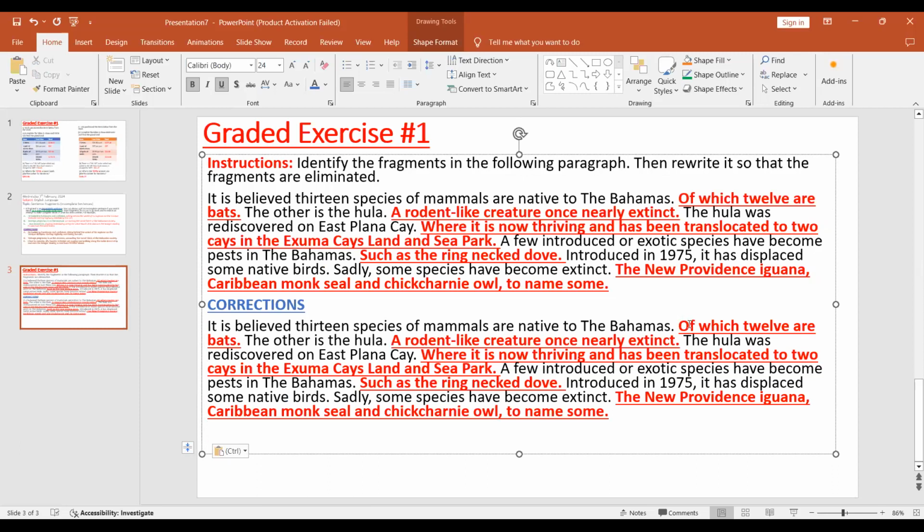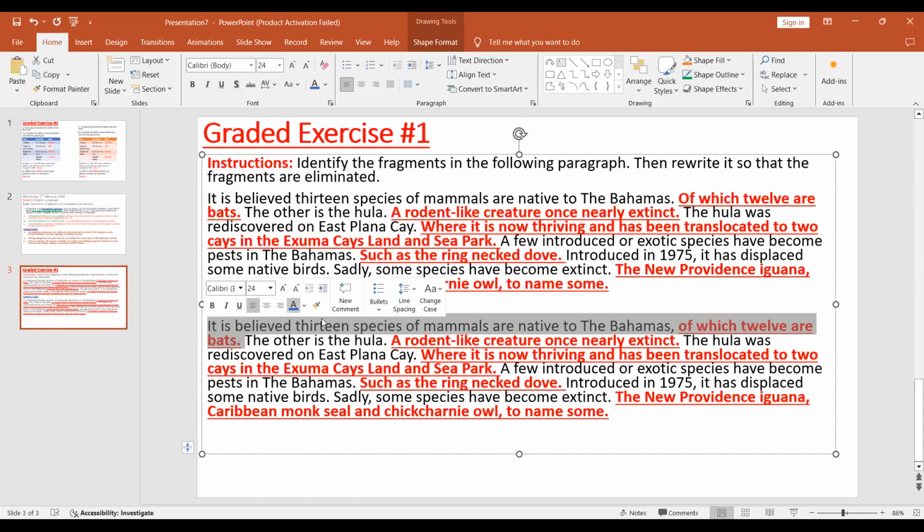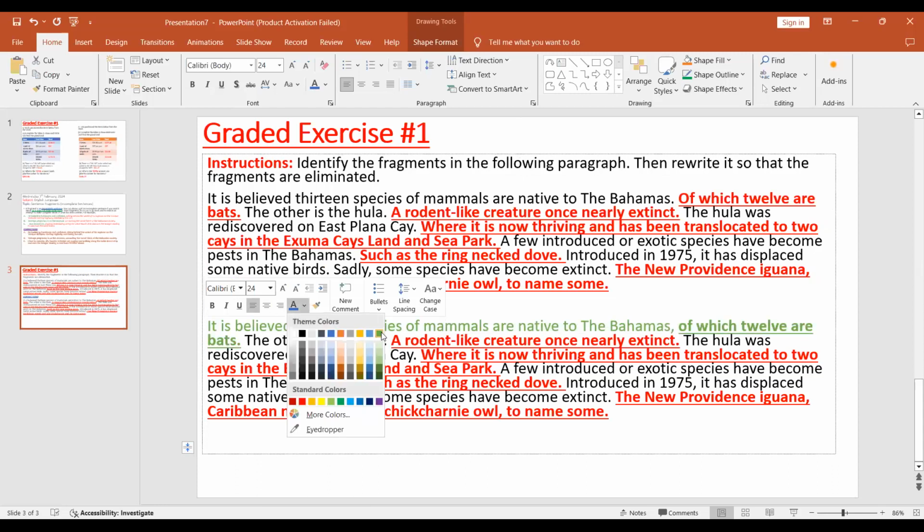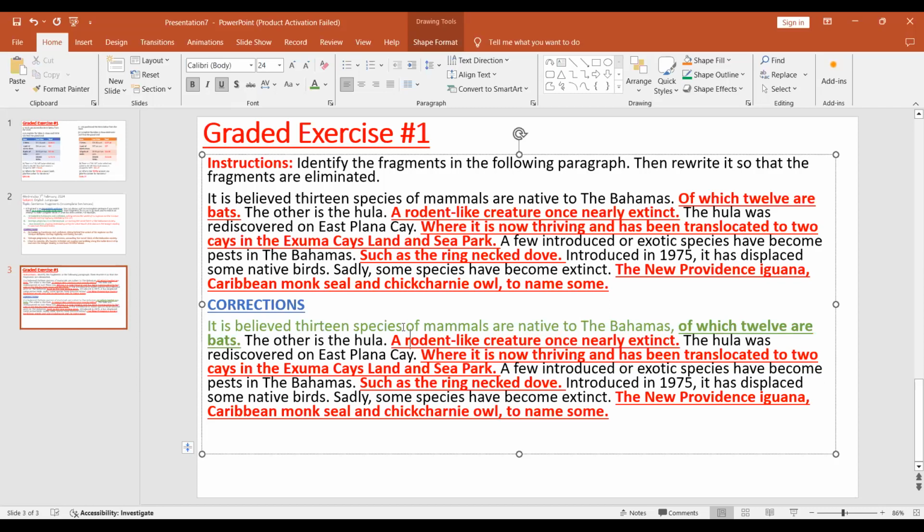Instead of making this capital, we can do what? Lowercase. Lower it and then put a comma. Very good. How many persons put the comma to combine them? I did. Very good. So that's the correction there. It is believed that 13 species of mammals are native to the Bahamas, of which 12 are bats.